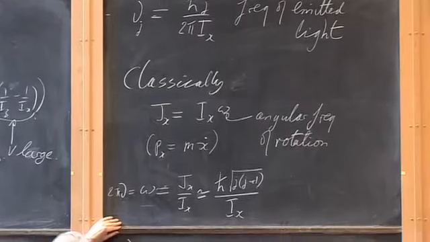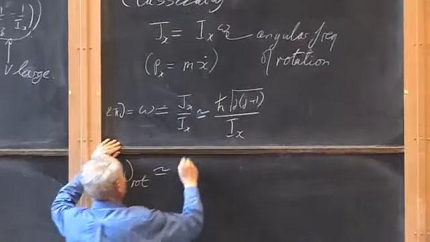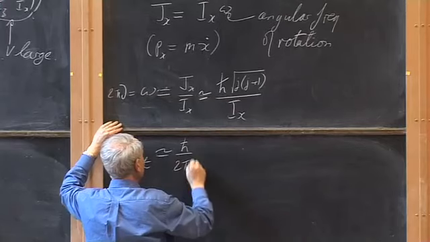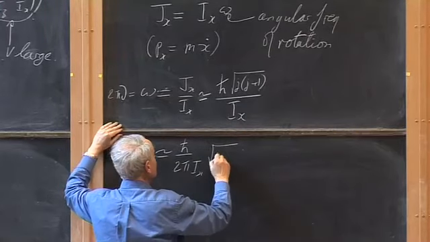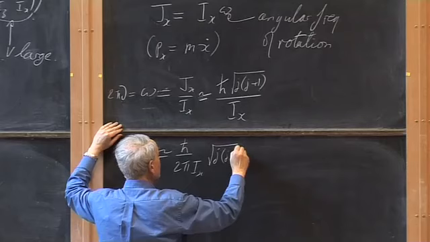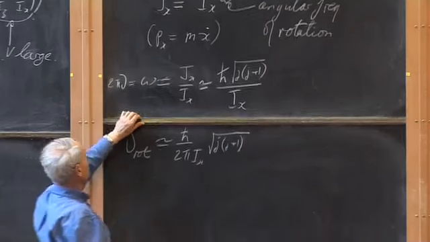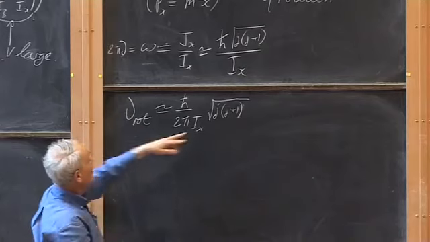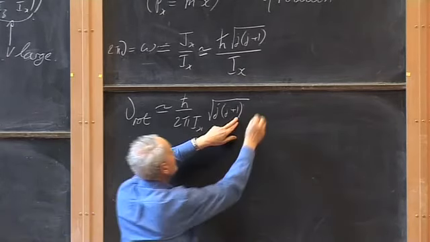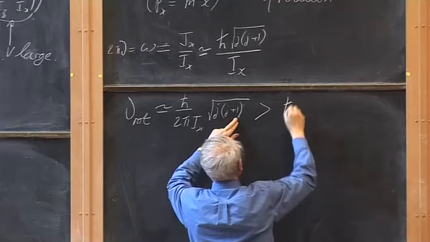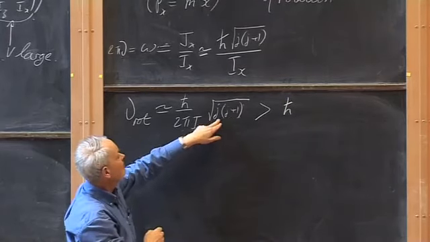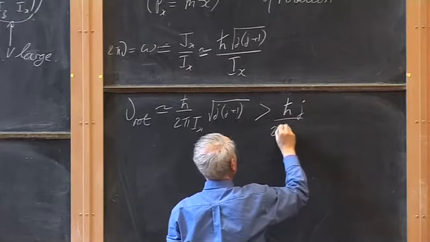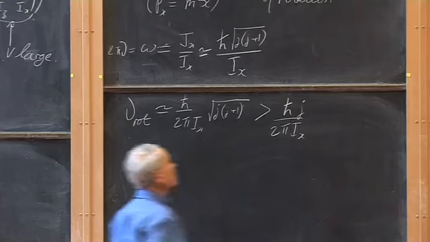So we have the frequency of rotation, we expect to be h bar over 2 pi I_x times the square root of j times j plus 1. This is slightly bigger, just a bit, if j is a larger number, it's only a smidgen bigger than h bar j over 2 pi I_x.